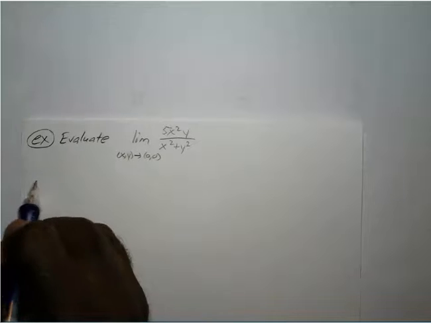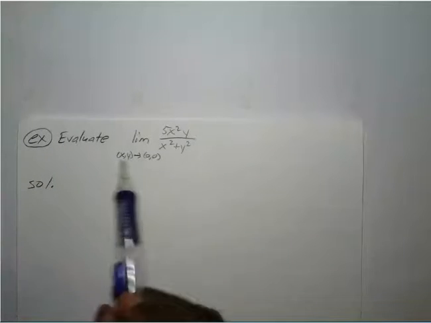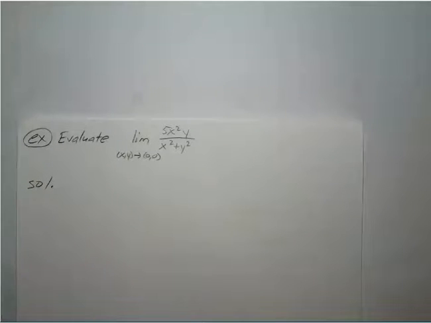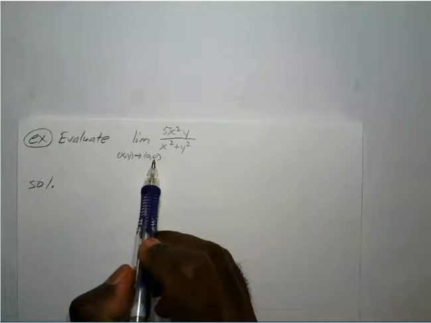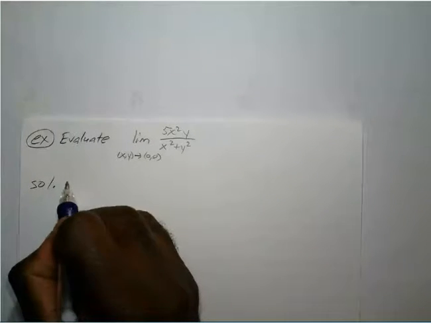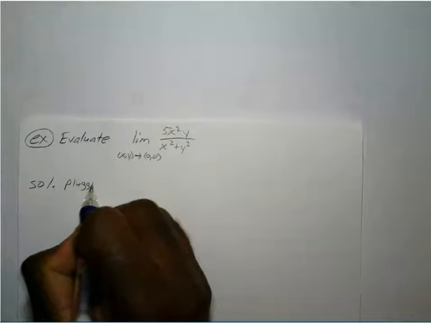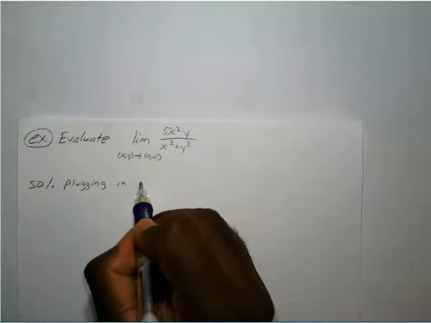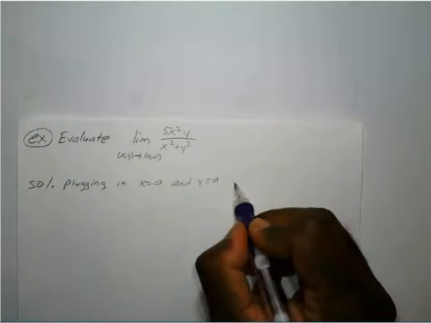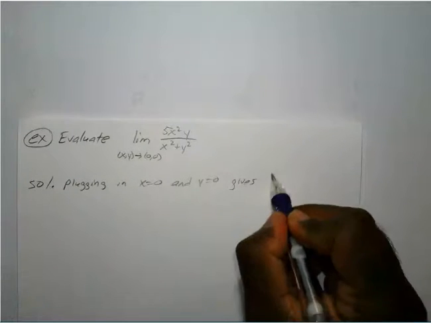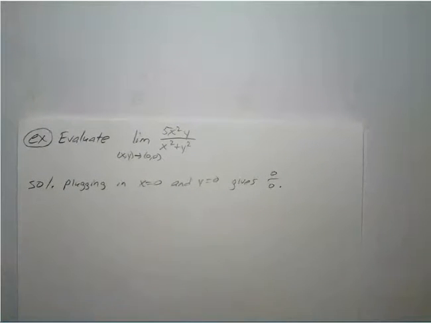Okay, now normally, the first thing you want to do is just plug those in. But if we plug in x equals 0 and y equals 0, we just end up with 0 over 0.